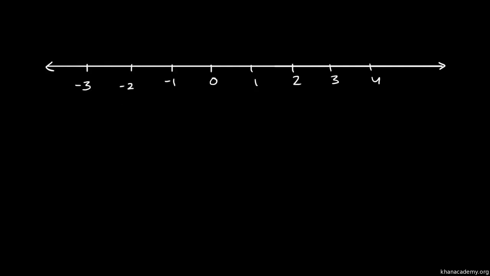And let's say that I start off with a lemon. Let's say my lemon starts off right over here at 0 on my number line. And let's say it first moves 2 to the right. I'll denote that by +2. And then from there, it moves 3 to the left.